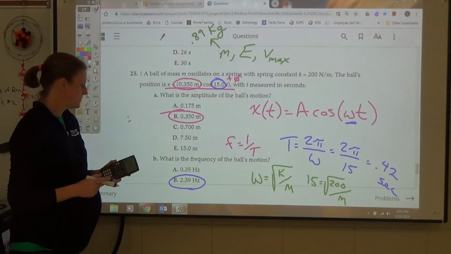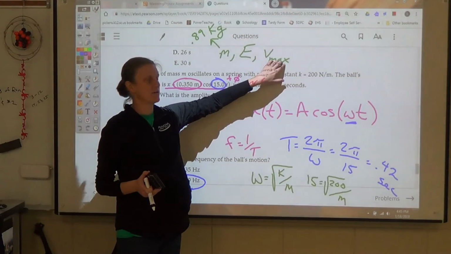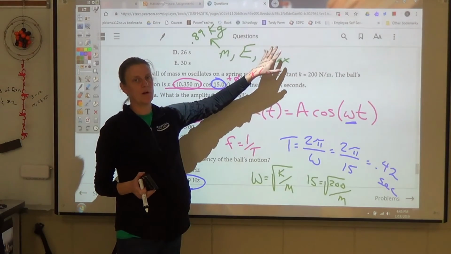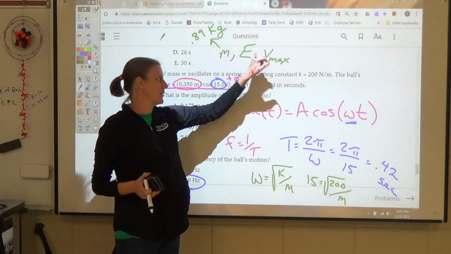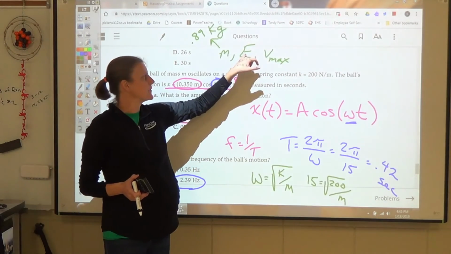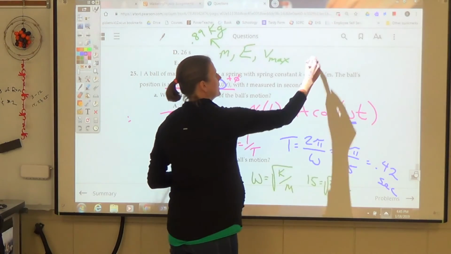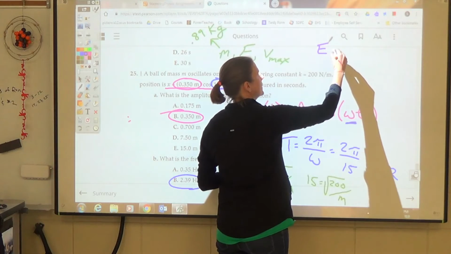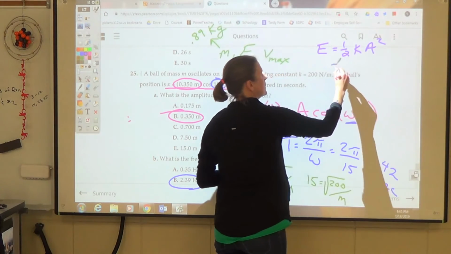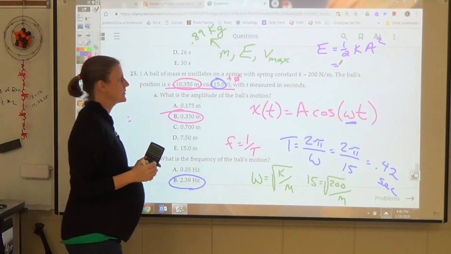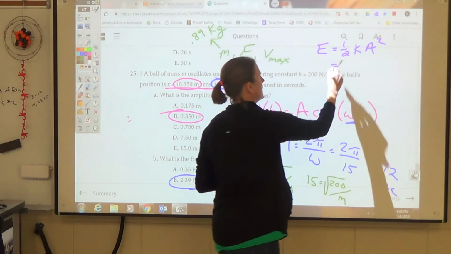Total energy. If I knew the max speed, I could do max kinetic, 1/2 mv squared. But I don't know that yet. I'll get it from here. So I'll just use my max potential formula. One half k a squared, and we already just said that the amplitude was 0.35.